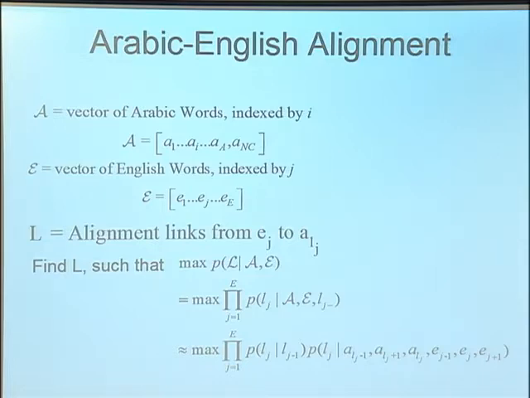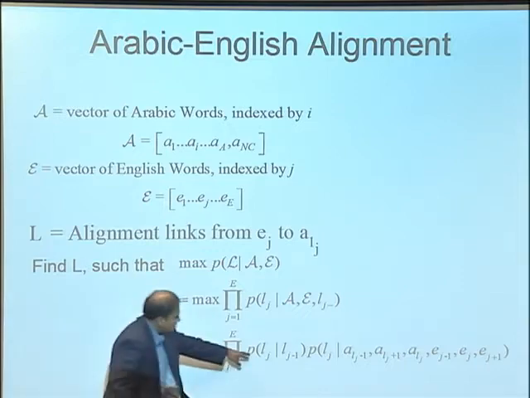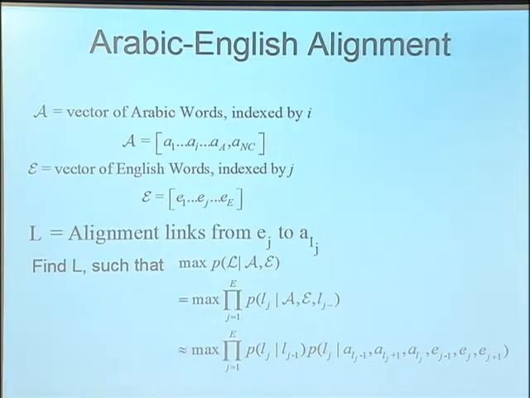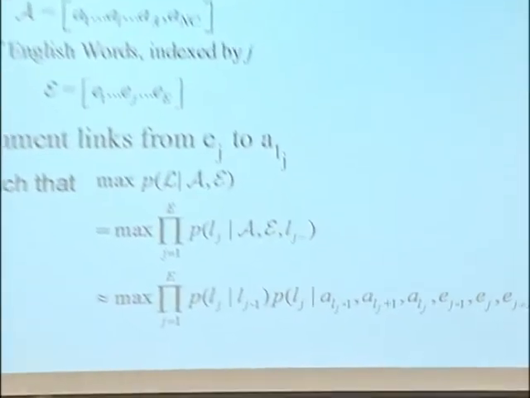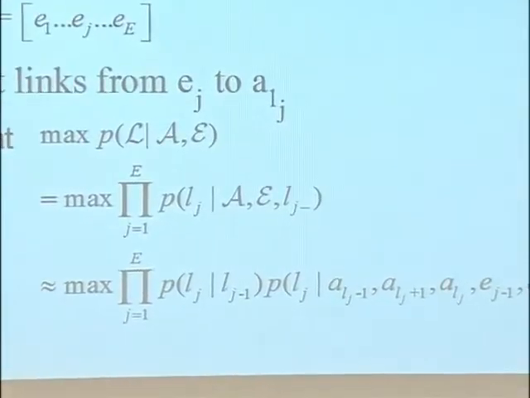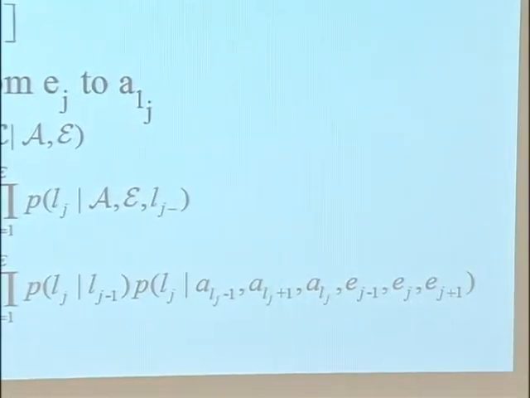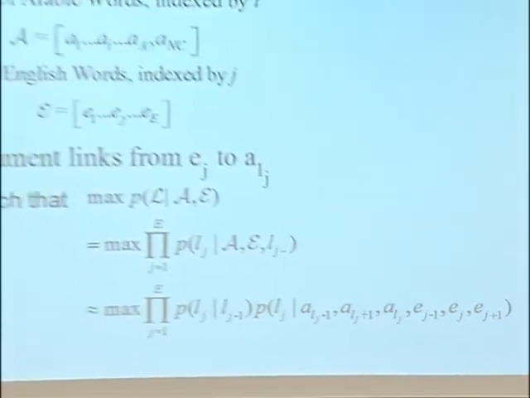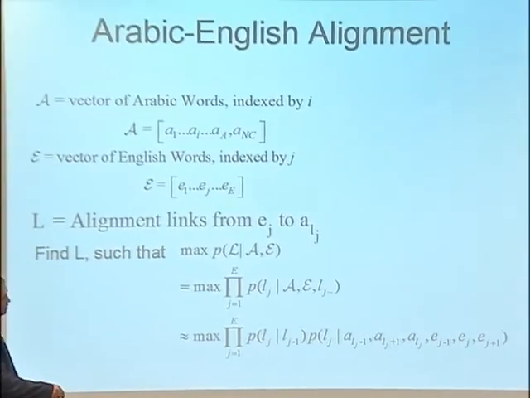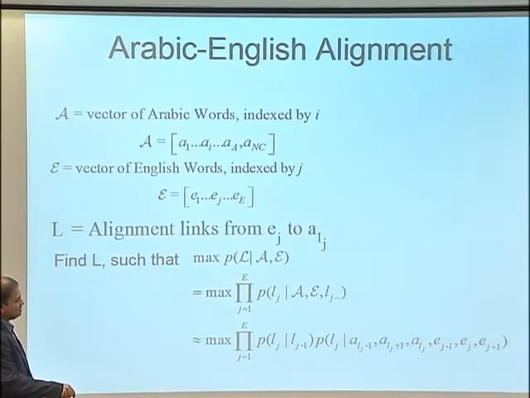We again factorize this model into a language model on the transition decisions so far, and then an observation model that, given all of the A's and E_j's, predicts this L_j. In particular, what will be really interesting is A_{L_j}, the Arabic word at the position that you're linking to, and E_j, because that is our normal Model 1 type alignment.